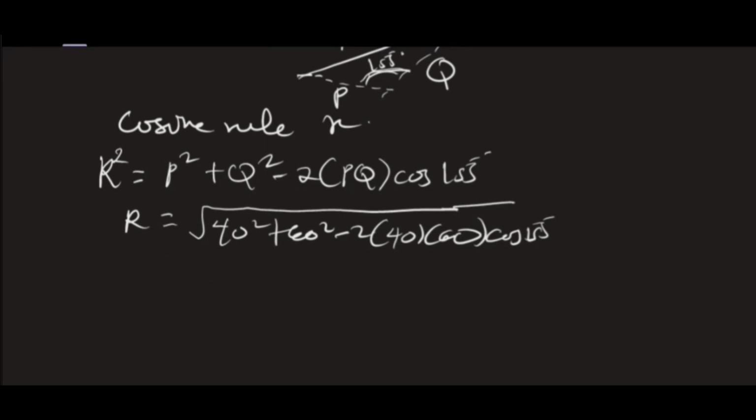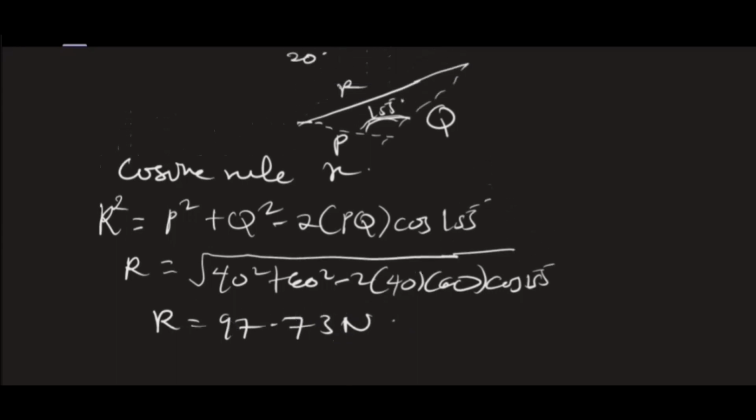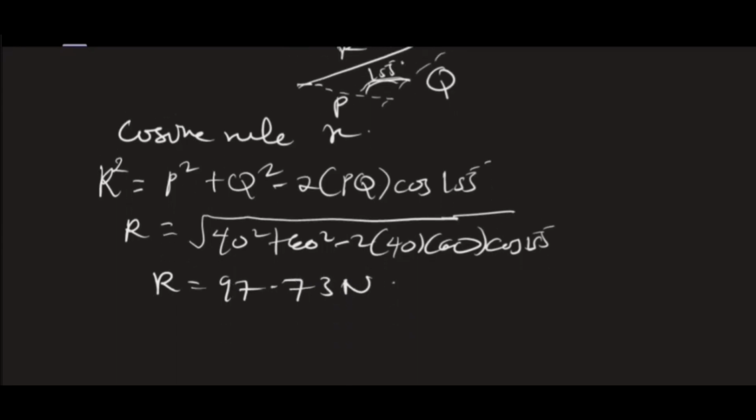When I punch this in, 40 squared plus 60 squared minus 2 times 40 times 60 times cos 155, that is giving me 97.73 newtons. So this is the magnitude of the resultant. We've got the magnitude of the resultant. Now we need the direction.